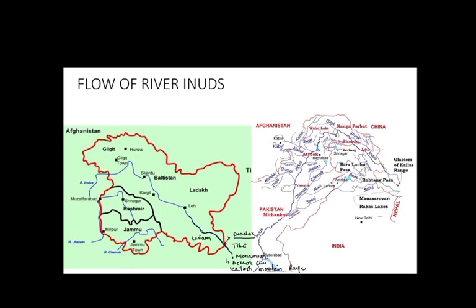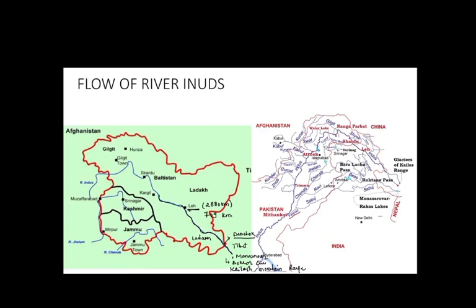It comes to Leh, and Leh is the only place through which Indus flows in India. So out of the total 2,880 kilometers of the flow of Indus, it flows in India for only 709 kilometers. So Leh is the place in India through which Indus flows.